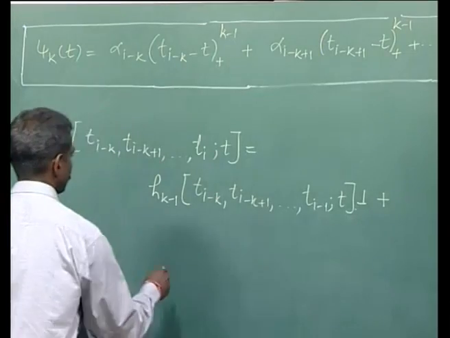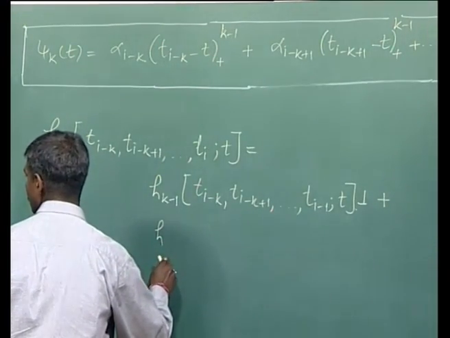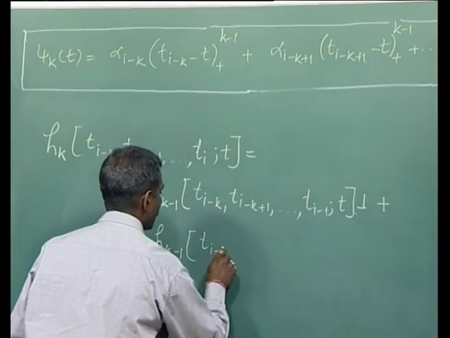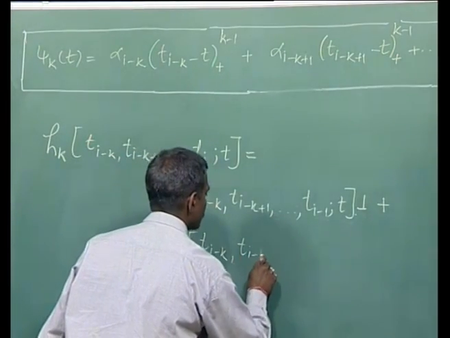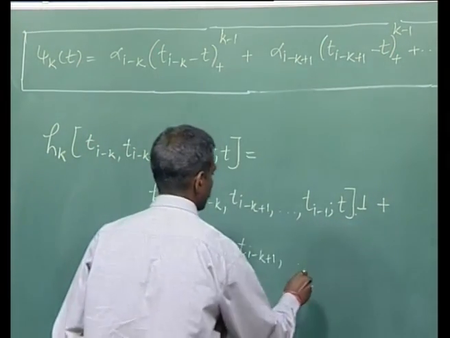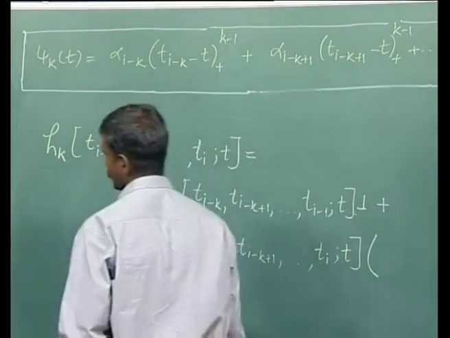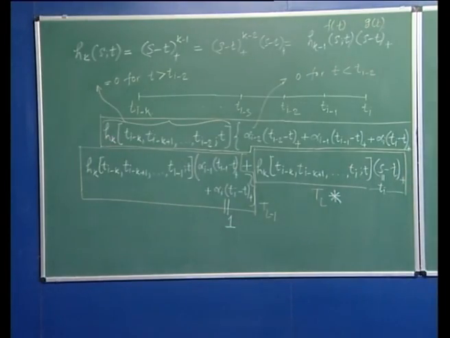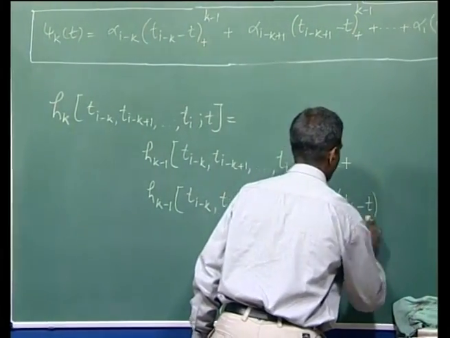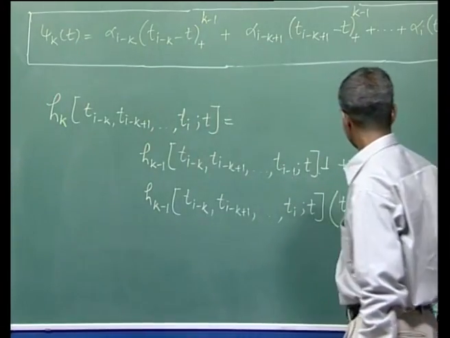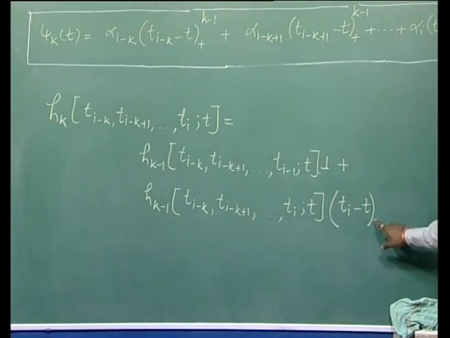This is equal to h_{k-1}(t_{i-k}, t_{i-k+1}, ..., t_i; t) times (t_i minus t). Since I'm considering values of t smaller than t_i, I can drop this truncated sign. So I'm not going to be using the truncated sign here.